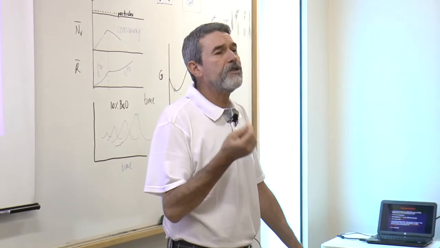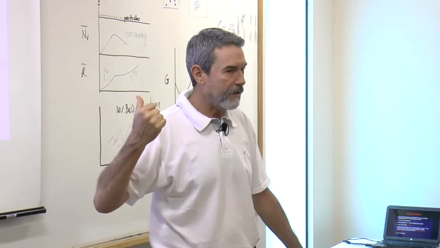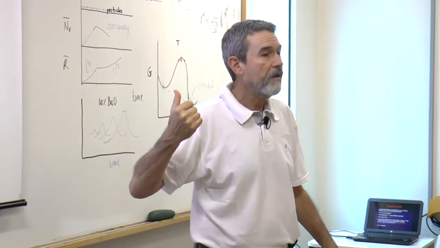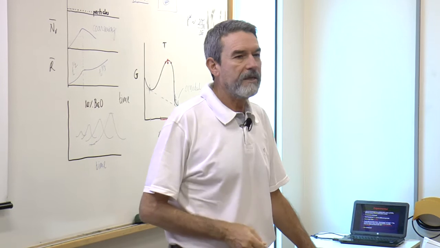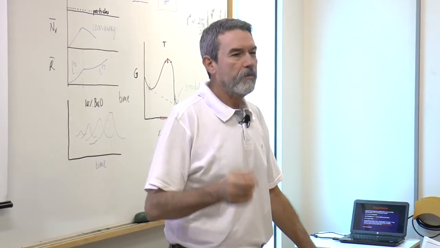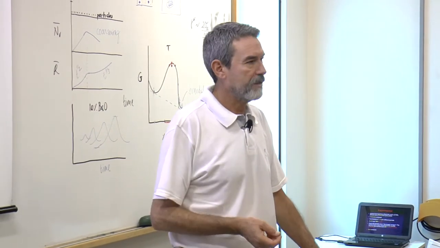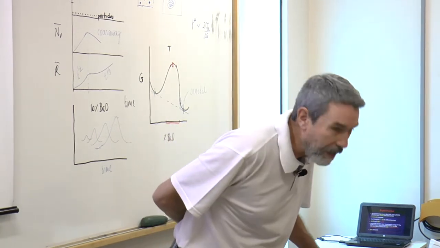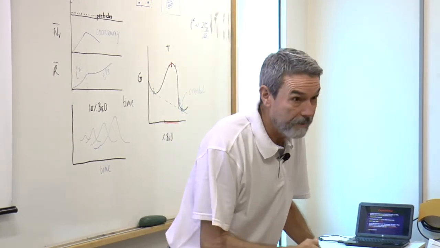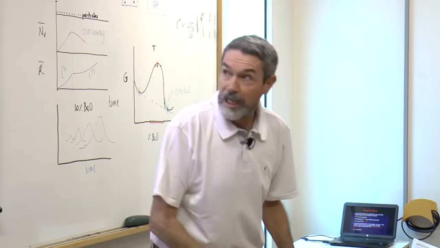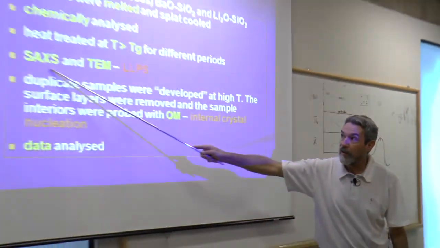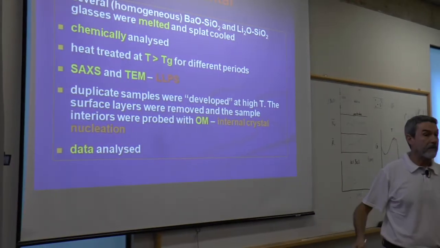is much, much larger. If you recall the micrographs that I showed you, those phase-separated droplets had 30 nanometers, 20 nanometers. So if you look at an optical microscope, you don't see them. You need small angle X-ray scattering or transmission electron microscopy.